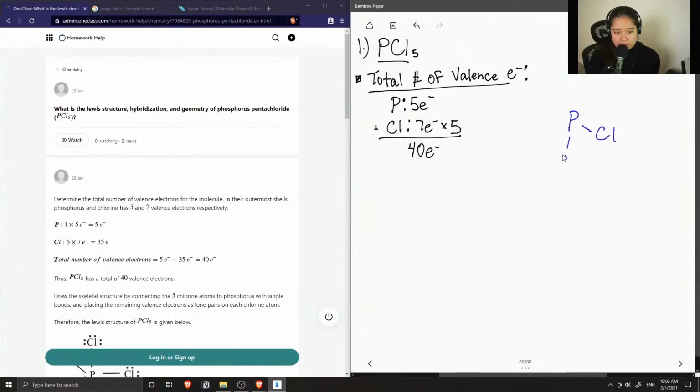So let's draw 5 bonds to the chlorine. And we can also draw in all of the lone pairs on chlorine as well.